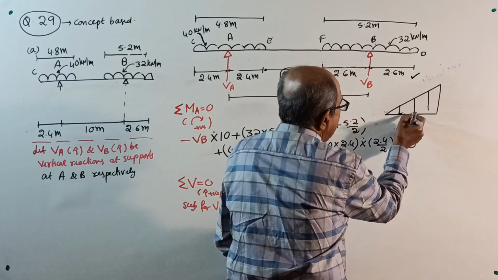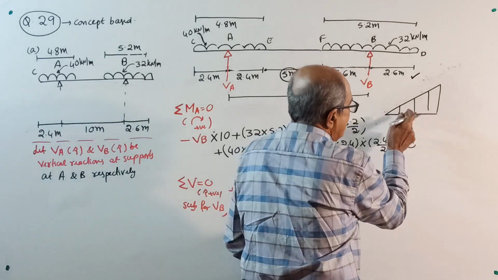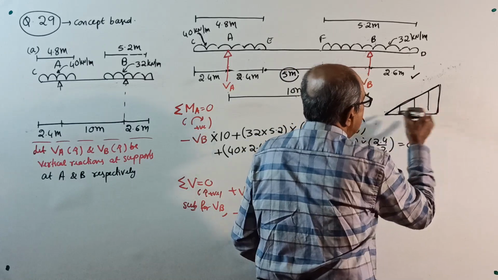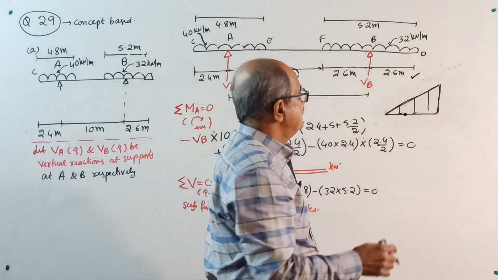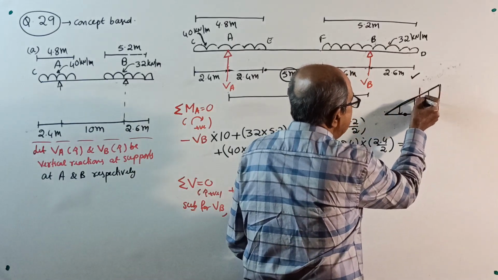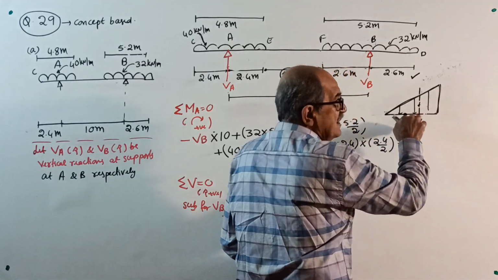suppose you want moment about a point here. Imagine you consider the entire UVL in a single step. Locate the line of action. See, from the end here, 2/3, 1/3, it will be somewhere here, maybe. Imagine that the line of action comes that side.